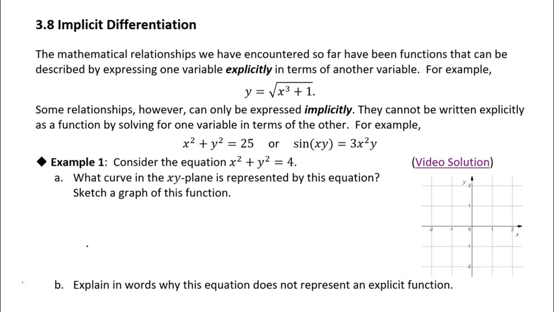So really we end up with two equations to describe this one relationship. There's no way to express y in terms of x explicitly as one equation, right? So x squared plus y squared equals 25 is the only way you could write that relationship as one equation.